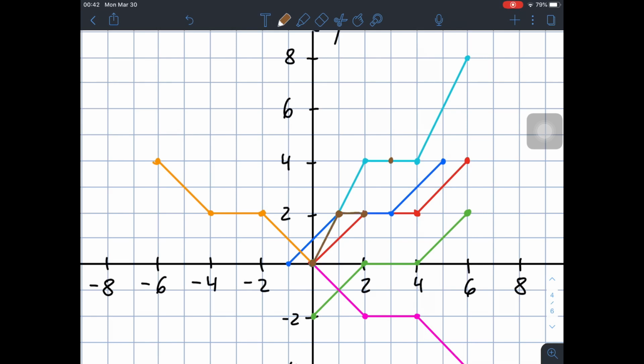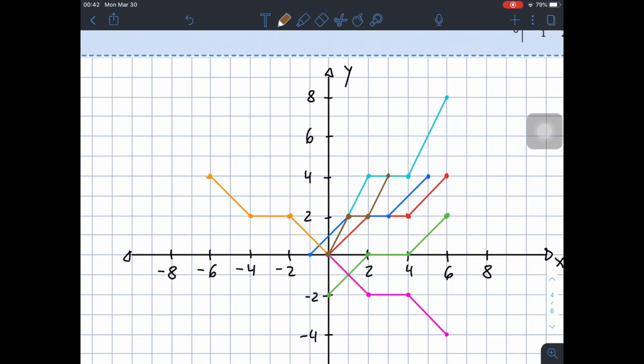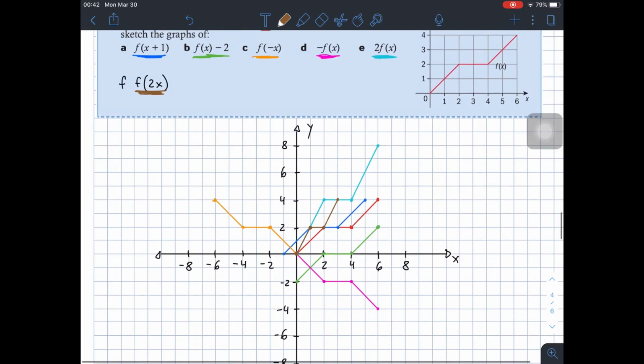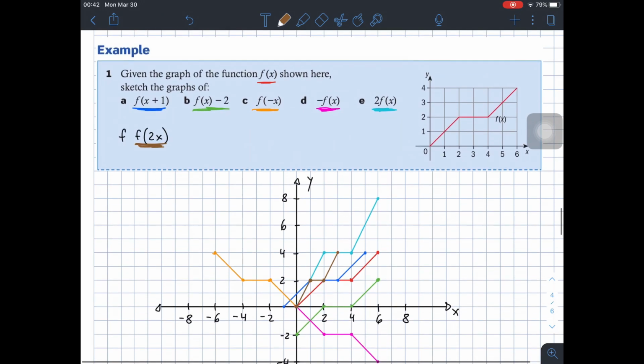So if we join these points, you'll see that we'll get a function that has a different shape from the original function, and it is compressed towards the y-axis, okay? You see that the red one is the original, and the brown one is the compressed function, and it moves towards the y-axis, okay?